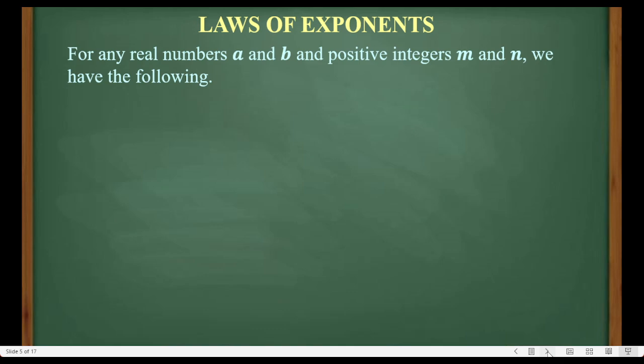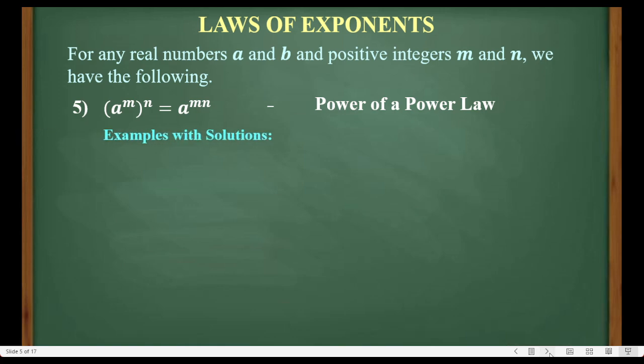Actually, this is now the fifth law, and we call it the power of a power law, which mathematically states that (a to the m) raised to the n power is equal to a raised to the product of m and n. Again, we call it the power of a power law. And let us proceed to some illustrative examples with solutions.